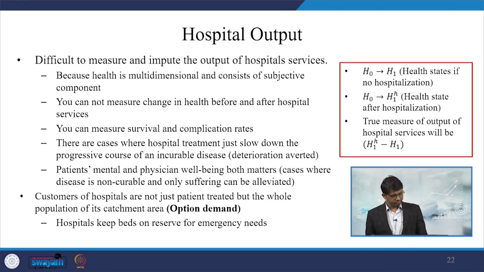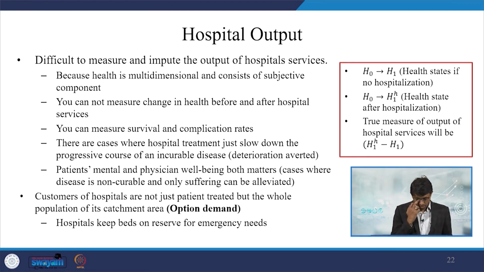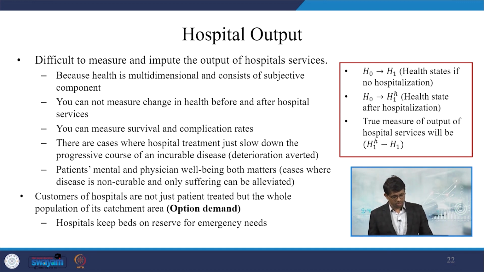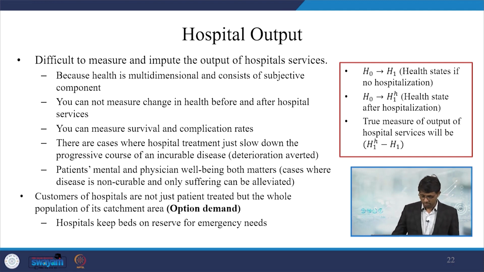You can also see another aspect called option demand, where customers of hospitals are not just patients treated but the whole population of its catchment area. And hence hospital output matters. Hospitals keep beds on reserve for emergency needs, so there is a possibility of option demand.